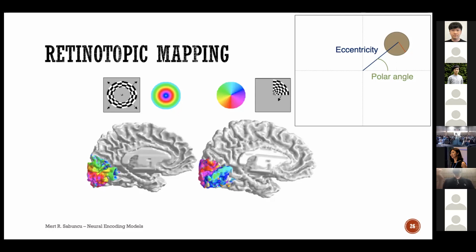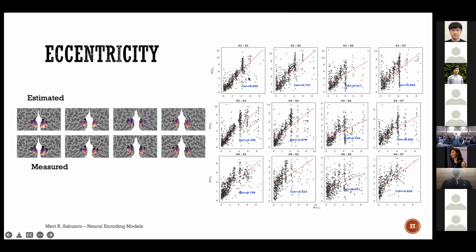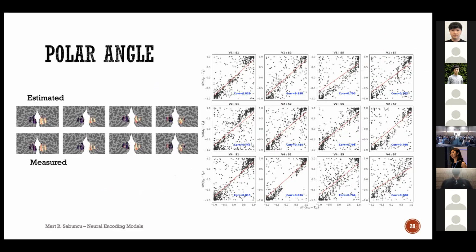And in these subjects, we also have retinotopic data, so we actually have measured eccentricity and polar angle. And we can look at it in a scatter plot like this. In V1 through V2 through V4, we observed that there's a strong agreement between what's being measured in the retinotopic experiment and what we estimated using just natural scenes data. Okay. Same goes for the polar angle.